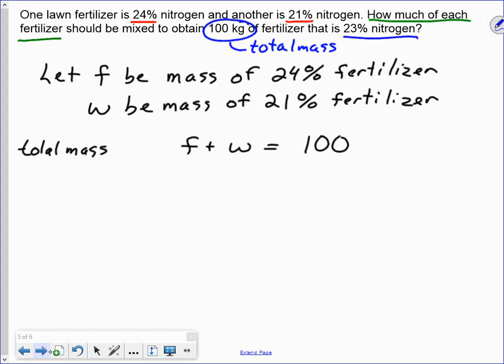Okay, so how much nitrogen is that? Well, if it's 23%, 0.23 times 100 is 23 kilograms.